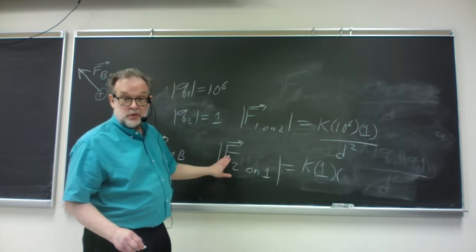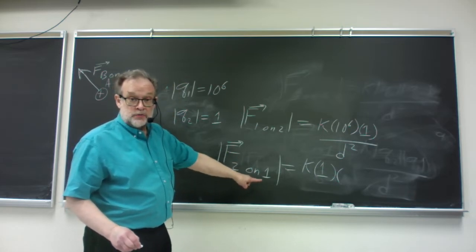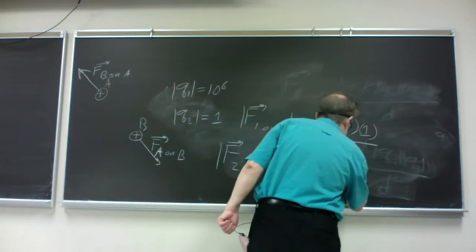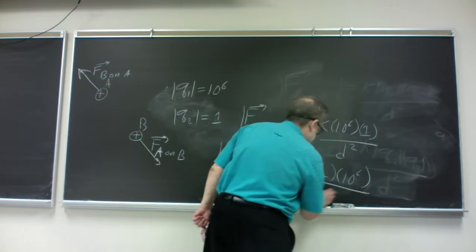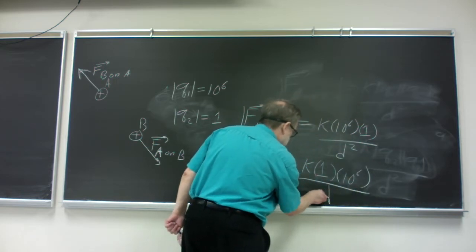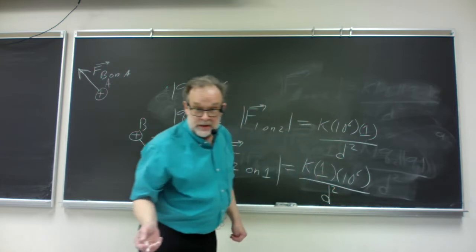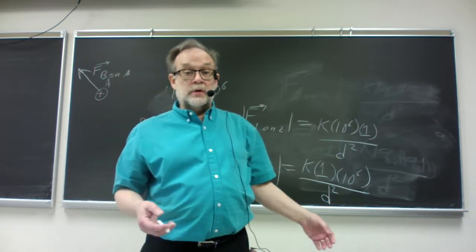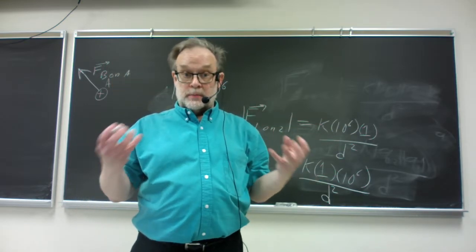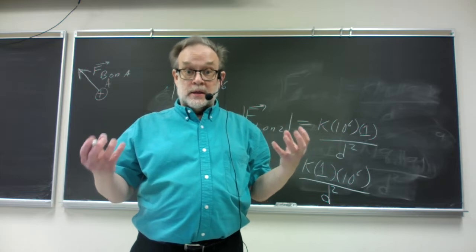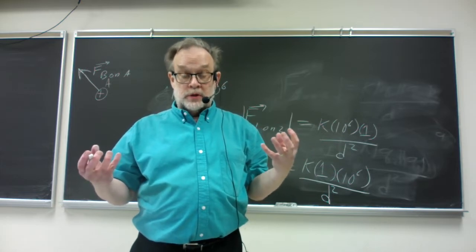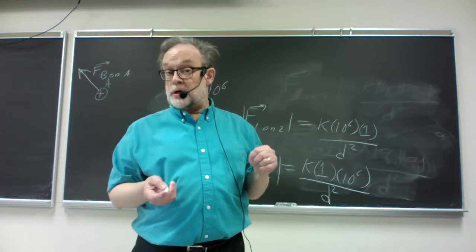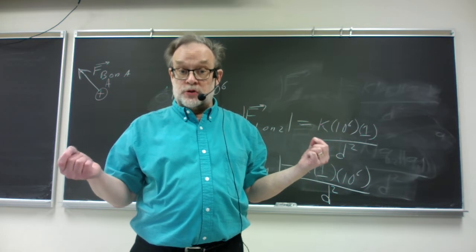For this force acts on Q1, magnitude of a million, divided by square of the distance between the two charges. And there you see, again, even though the two objects have very different amounts of charge, they each feel the same amount of force. They each apply the same amount of force to the other, because those two forces are a Newton's third law pair.